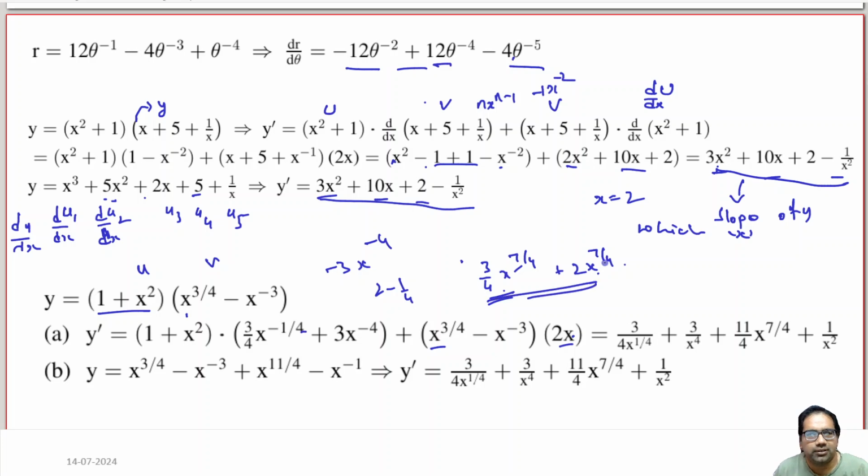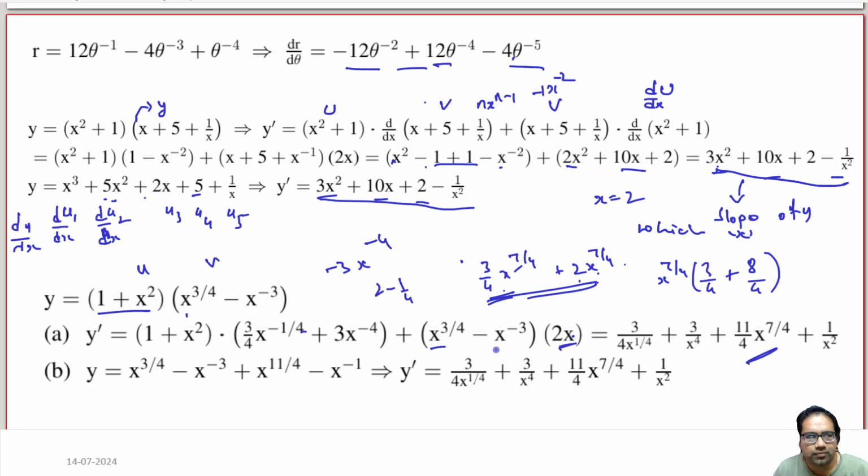Now these two terms put together: 3 by 4 plus 2, and 2 we can write as 8 by 4, so 8 plus 3 is 11 by 4 x power 7 by 4, right?